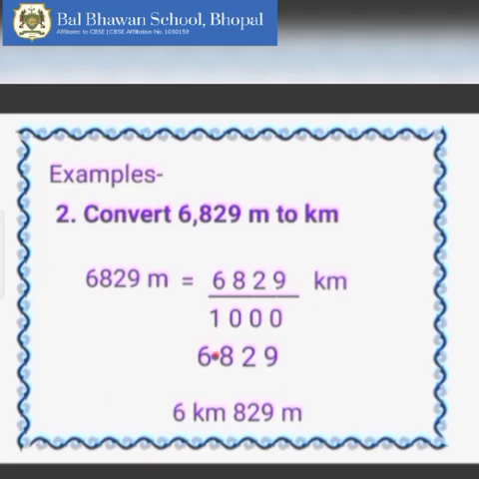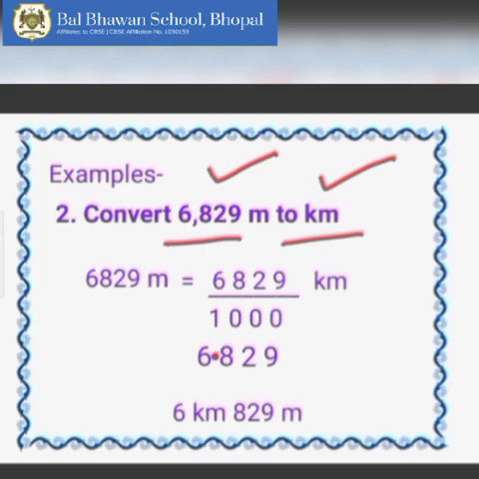Now let's see another example where after converting from meters to kilometers, we will get the answer in mixed units. So here we have to convert 6829 meters to kilometers. Now the rules will be the same.